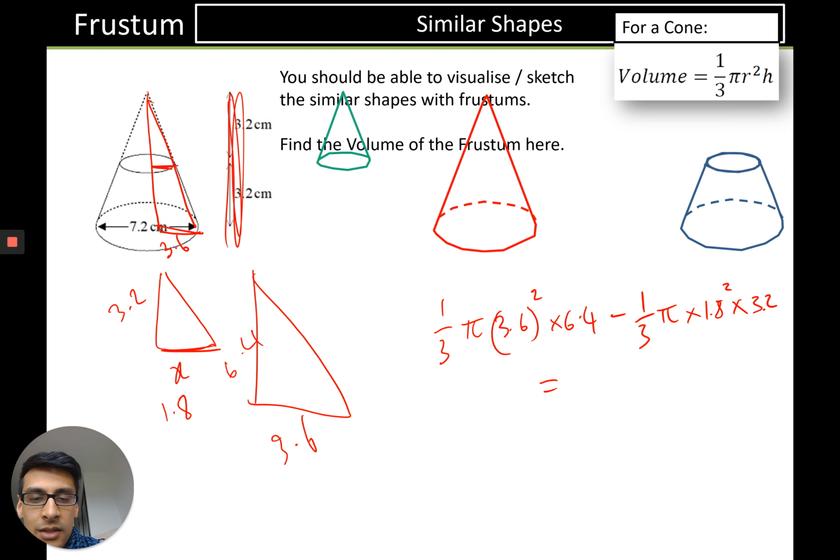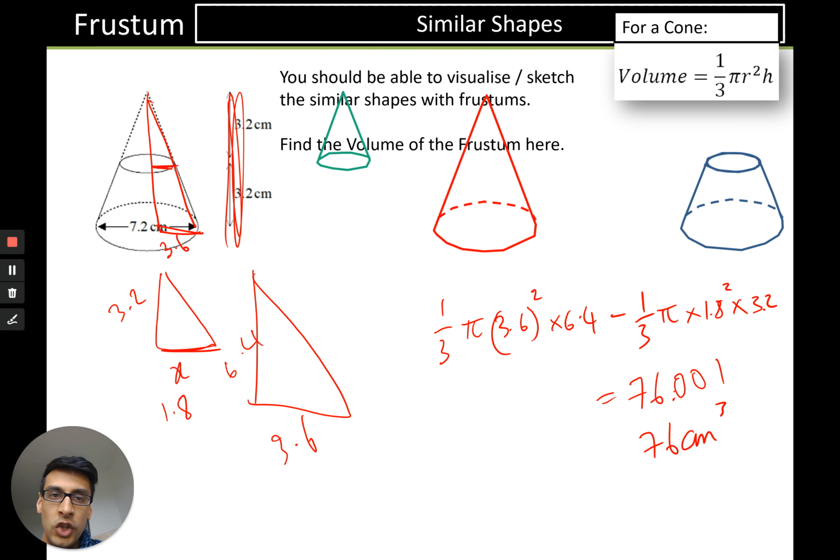Put that in the calculator. So I have got 76.001, and you can round that to 76 centimeters cubed. I hope that is useful for you.